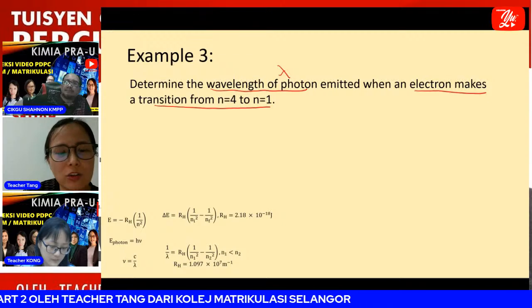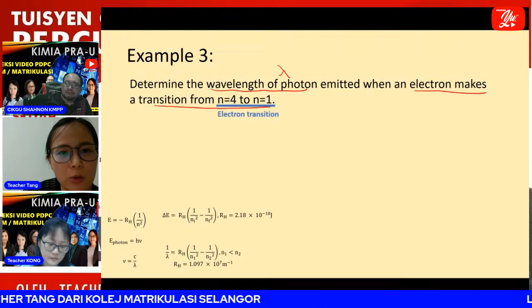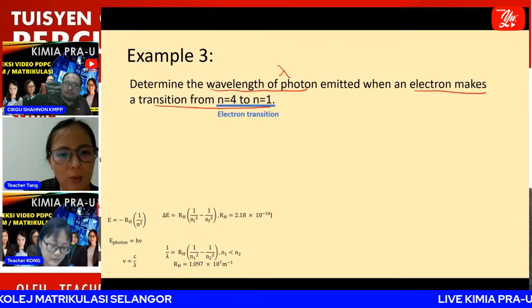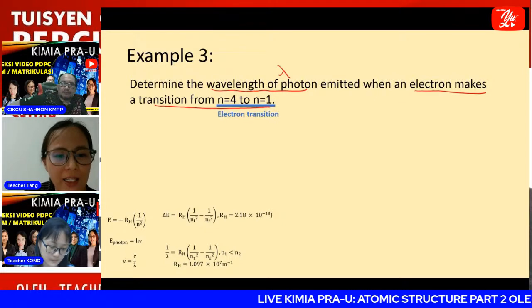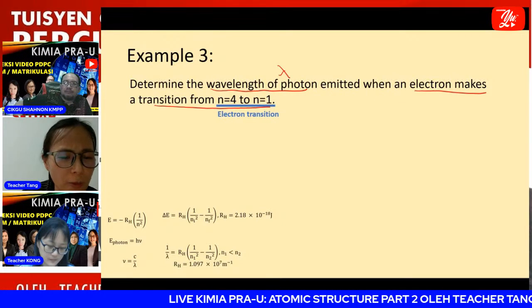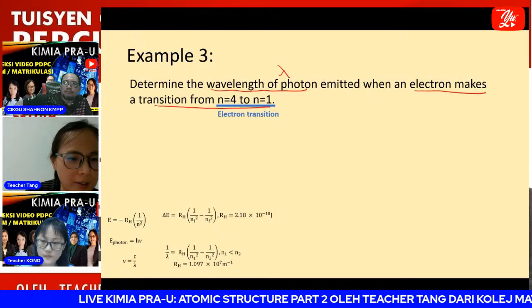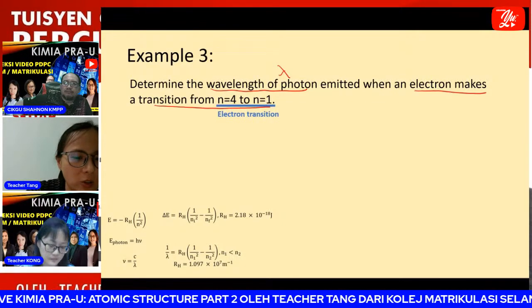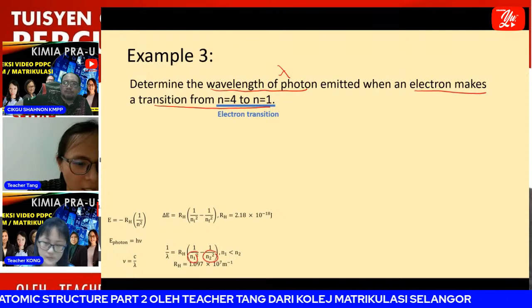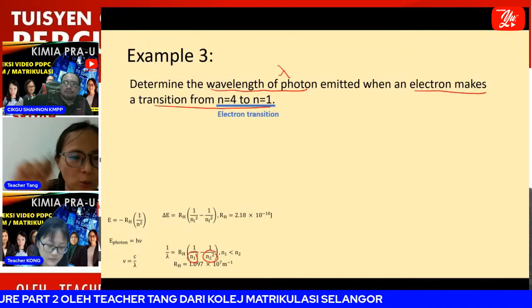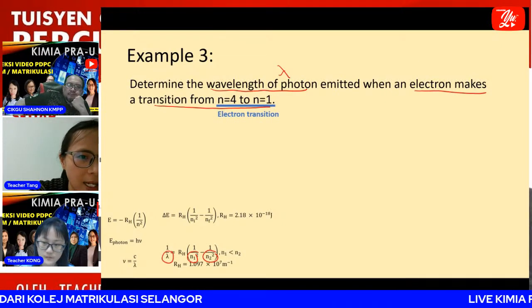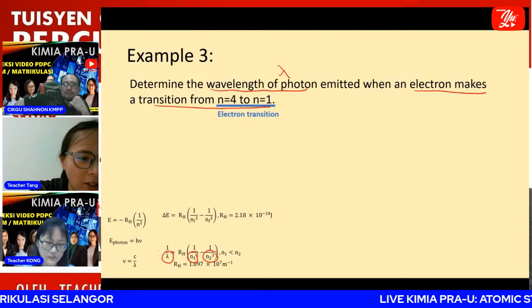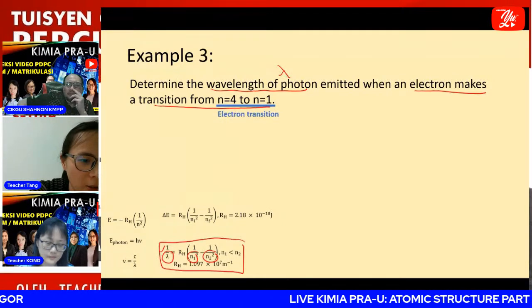So which formula should we choose? This is an electron transition between two energy levels, and we want to calculate the wavelength of the photon. Therefore, this is the formula that we need to use.